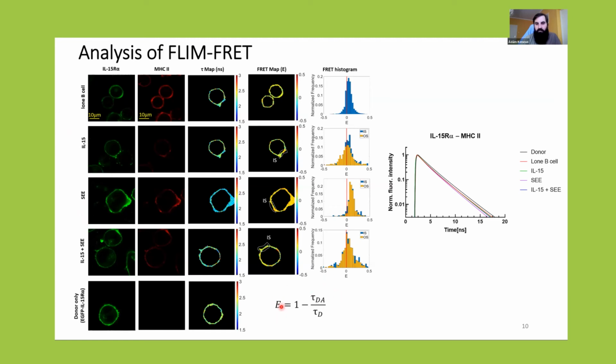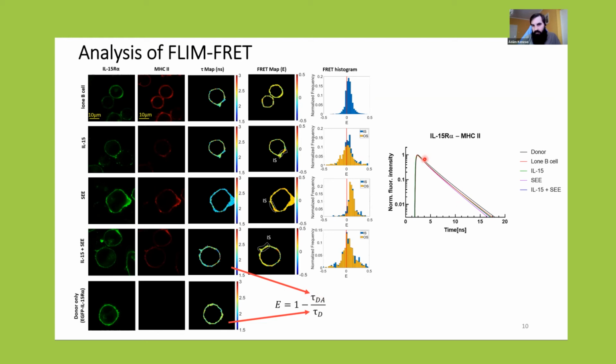And with this simple equation, we can determine the FRET efficiency. For this, we need a donor-only sample lifetime where the acceptor is not present, and a sample where there is a probable acceptor in the presence of the donor.